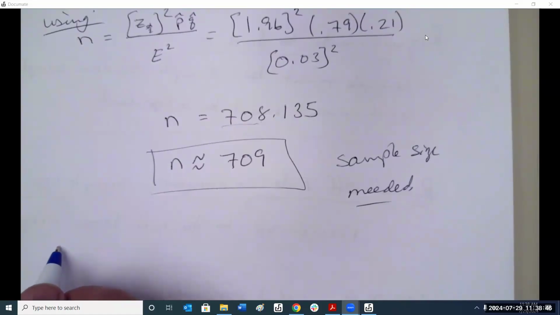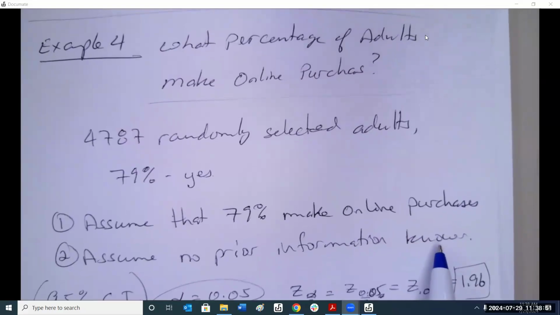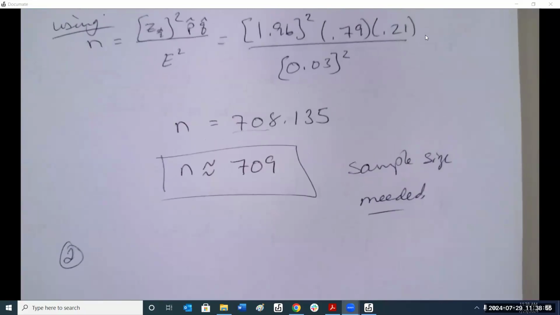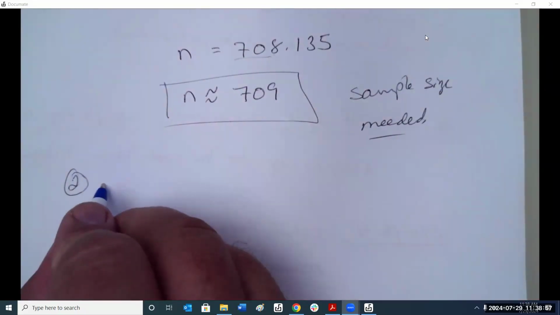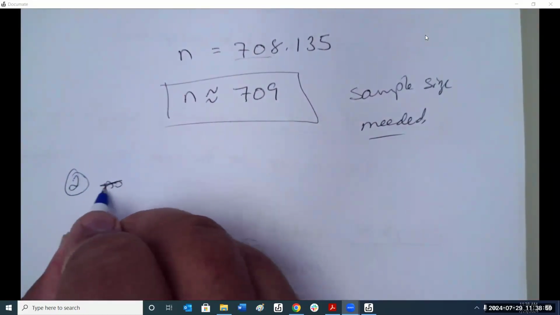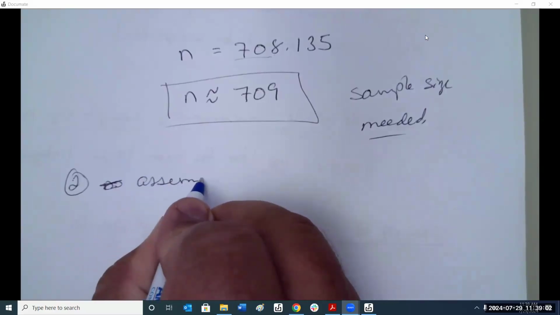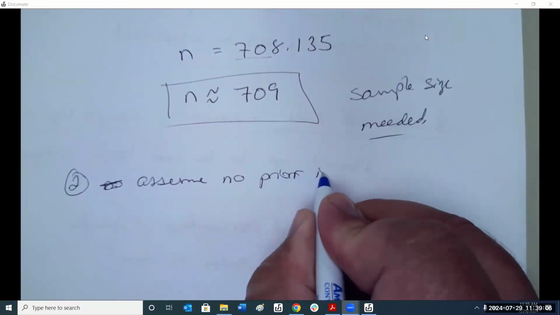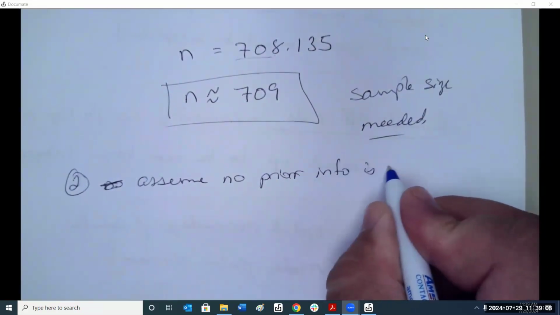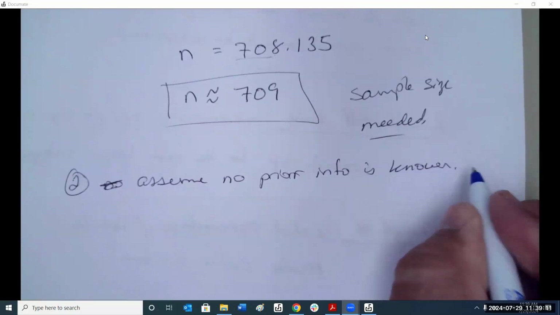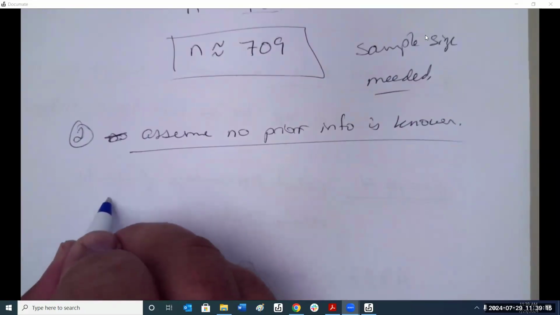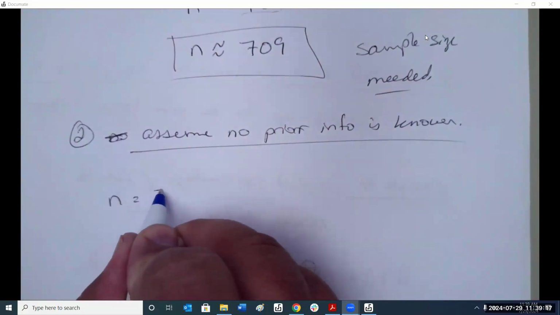Okay, the second part. It says assume no prior information is known. So we have our formula.